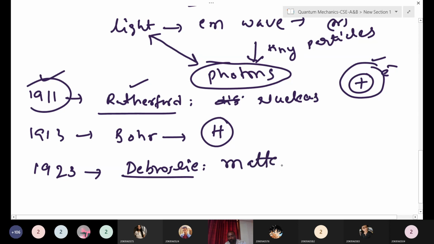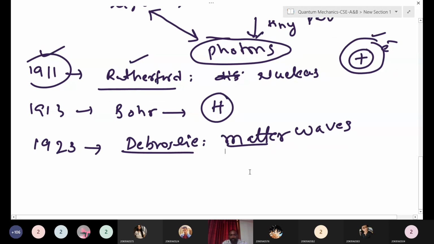What is matter? What is meant by matter? Anything that occupies space in the world. Anything that occupies space and has mass is called matter.